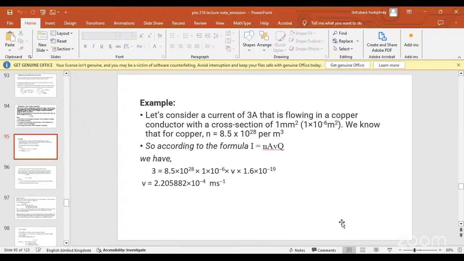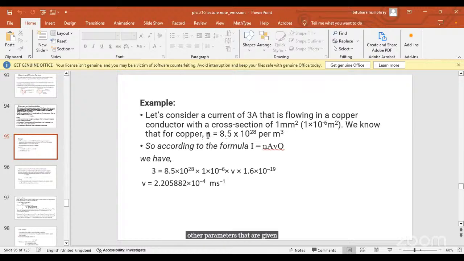You are asked to find the speed, that is the drift velocity. The first thing to do is to write down the formula and then note the other parameters that are given.